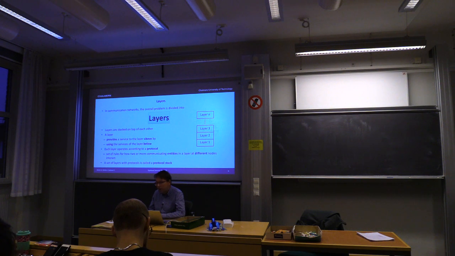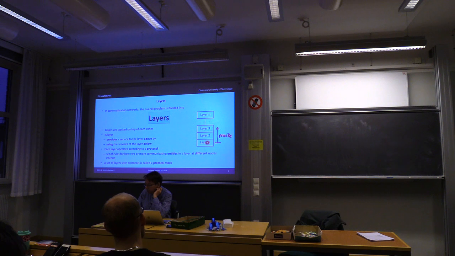I realize that this is a little bit abstract right now, but layer 1 can offer some type of service, and it offers services upwards. So layer 1 provides a service to layer 2, layer 2 provides a service to layer 3, and so forth.